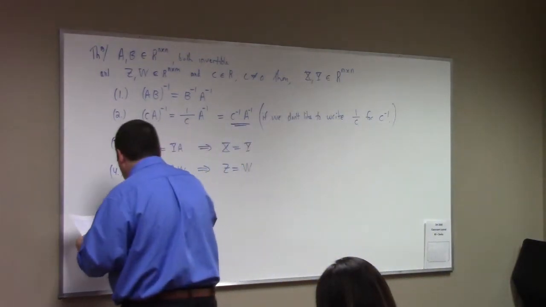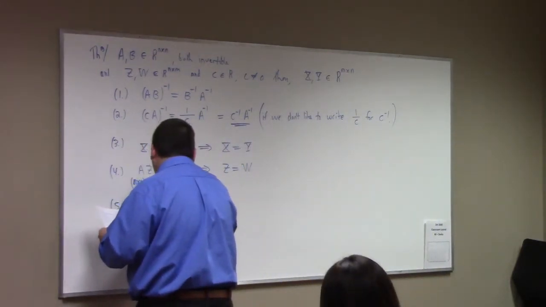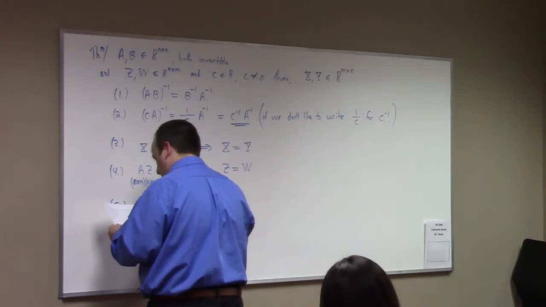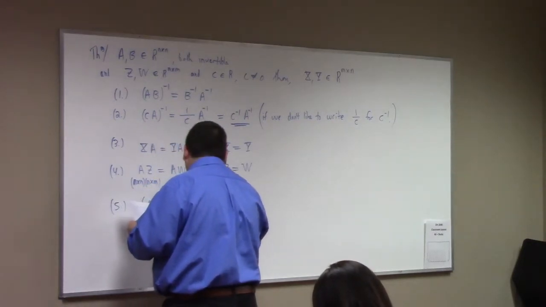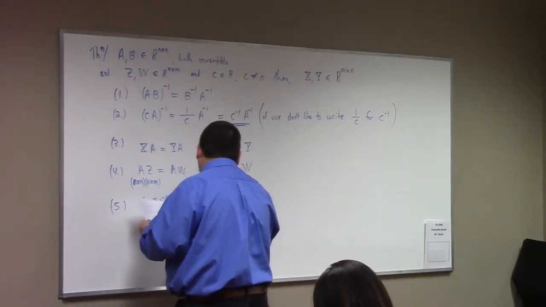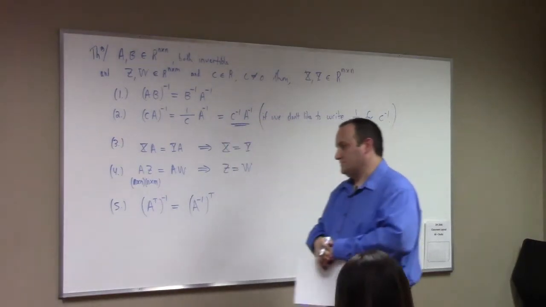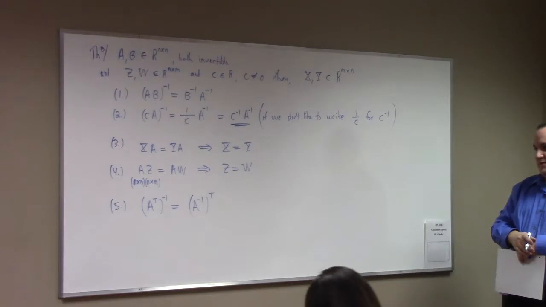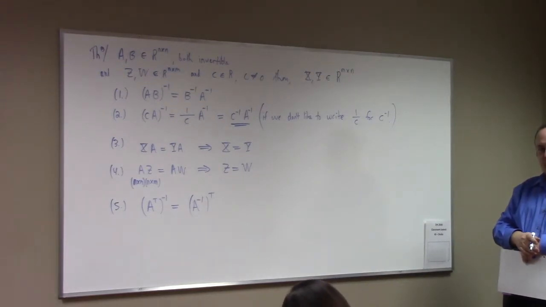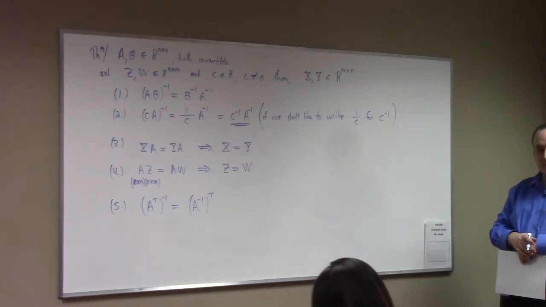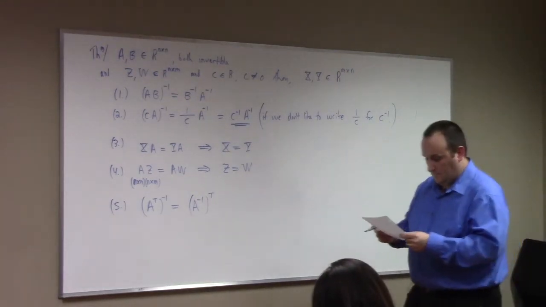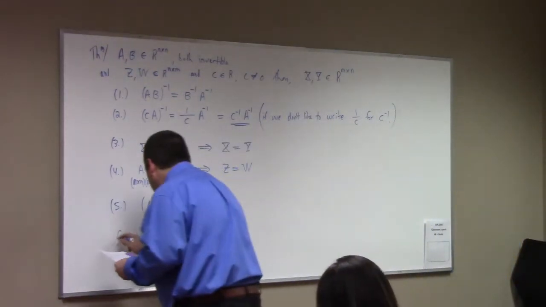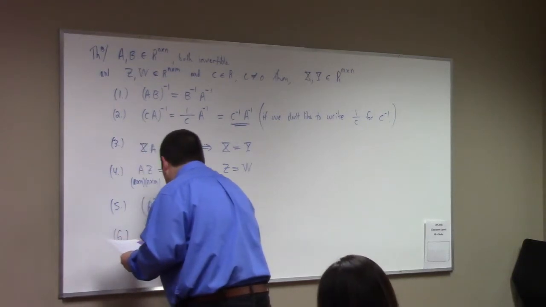Number 5, the inverse of the transpose is actually equal to the transpose of the inverse. So it doesn't matter whether you transpose the matrix first and then invert it, or invert it first and then transpose. Either way, you get the same matrix. Those are equal. And then 6, what happens if you take the inverse of the inverse?